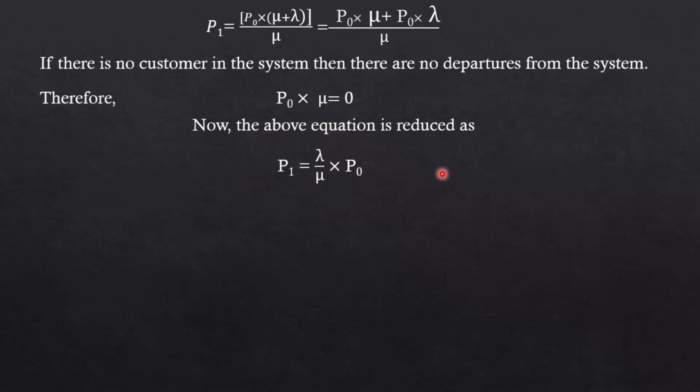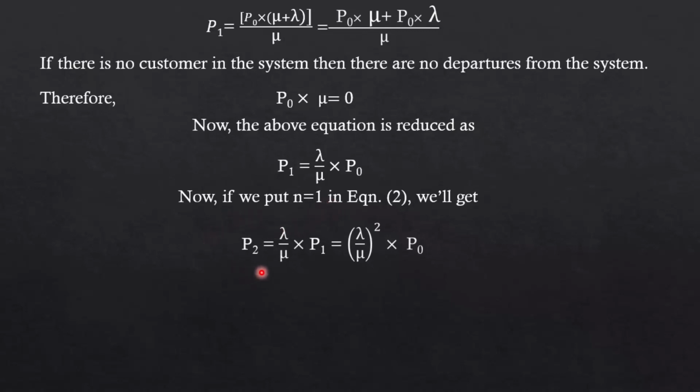Now this is a very important result, and now let us again put the value of n equal to 1 in equation 2. Previously we put the value of n equal to 0 in equation 2. Now with n equal to 1, we get p2 as lambda by mu into p1, and we have already found the expression for p1 in terms of p0.